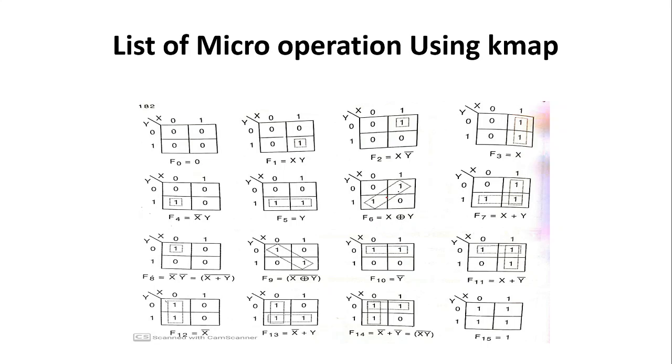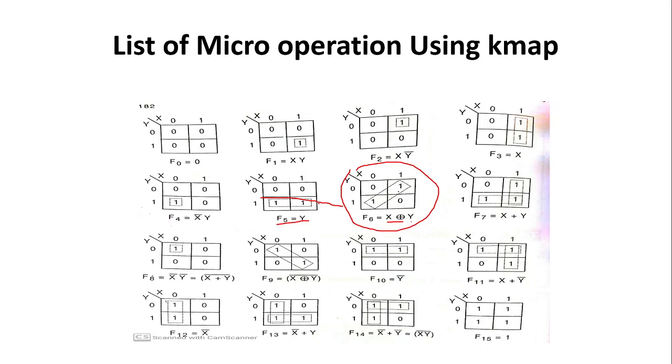Like if we have to create a Boolean expression for this, the Boolean expression is x XOR y. Similarly, if we want to create a Boolean expression for this, here the common element is y, so f5 is y.